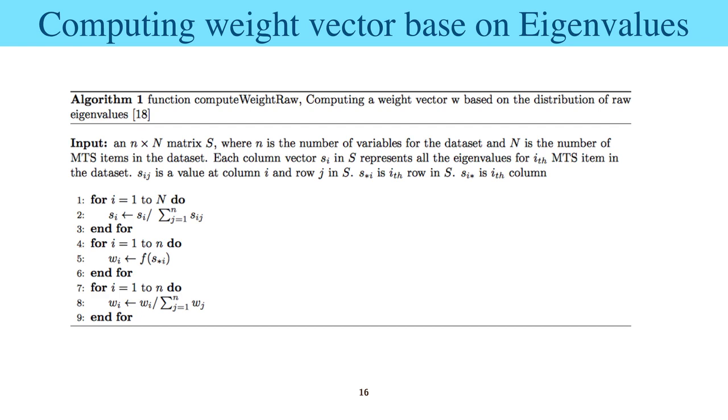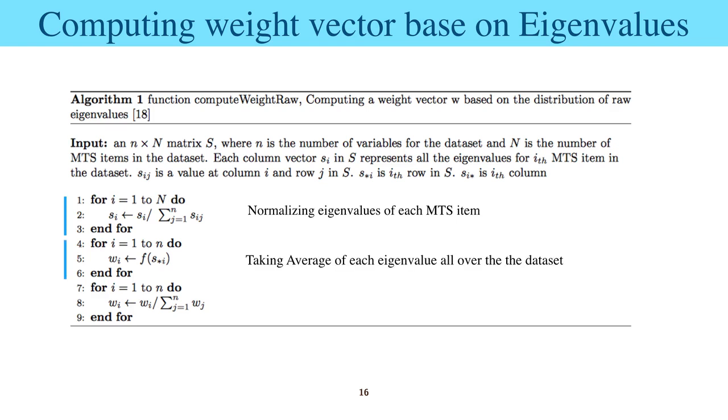The way that J-Eros computes this weight vector is by considering all eigenvalues over all multivariate time series items. When we have n variables, we will have n eigenvalues for each sample. First, the eigenvalues for each item are normalized in the first three lines, and next an aggregate function is applied to all of the ith eigenvalues over all items in a dataset.